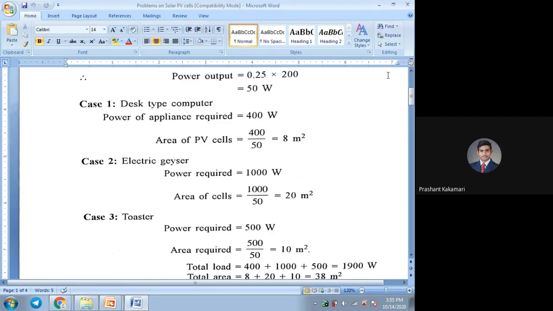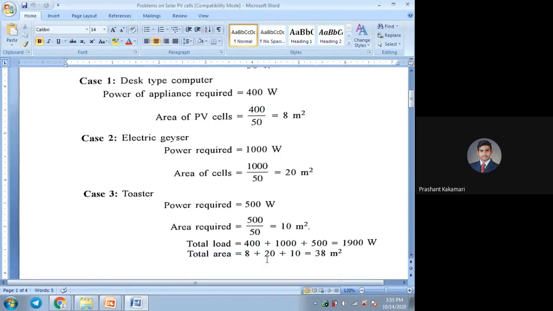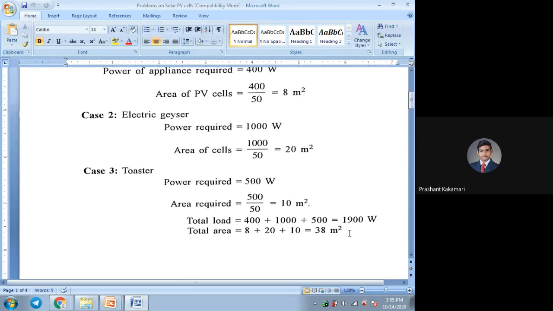So like this, if you add all the required devices or machines to run in a home or industry, then you can find out the total load by totaling all the loads, and the total area or total number of cells required, and you can take the value. So as per these values, I need 38 meter square area of cells to be planted to get 1900 watts.